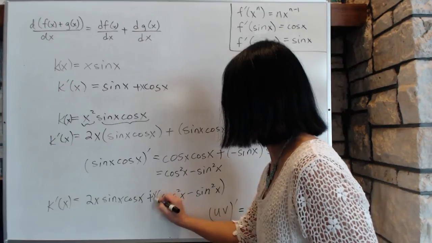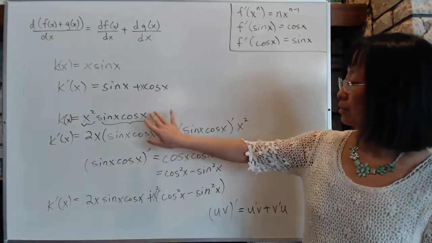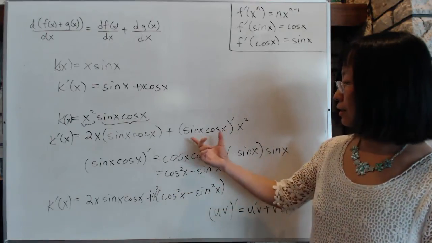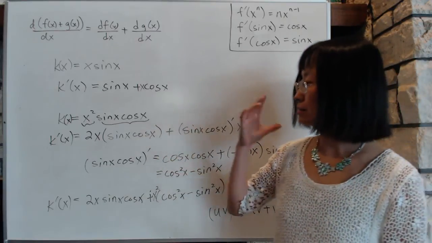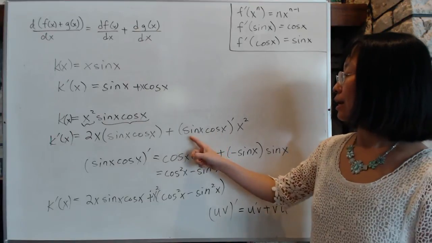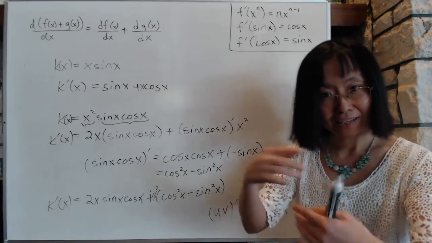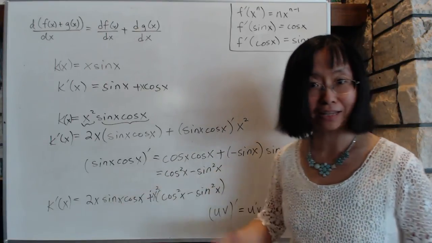And that is the answer to the derivative of this. As you can see, when you have more terms the whole thing gets more complicated, but the principle is the same. You identify one chunk as the first, take the derivative of the second, and then take the derivative of what's in there, working into deeper layers until you get everything worked out.